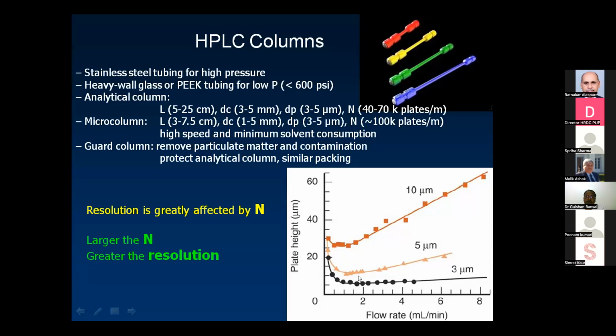At a particular flow rate, for example 2 ml per minute, when the particle size is 3 micron, the plate height is around 5 micrometer. If it is 5 micron, then it is around 10 micrometer. And if it is 10 micron particle size, then the plate height is approximately 30 micrometer. So the more the plate height, the lesser will be the resolution.